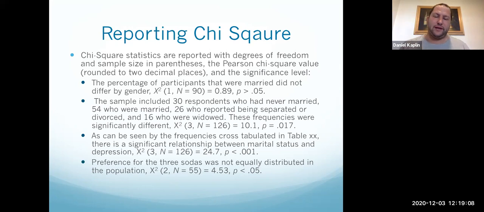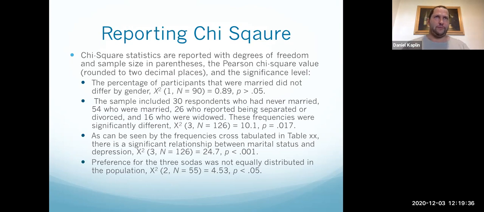In order to get the degrees of freedom for 2 factors, you multiply the degrees of freedom of one variable by the degrees of freedom of the second. So if there are 4 conditions, the degrees of freedom for marital status or relational status is 3, because 4 minus 1 is 3. And then depression, for it to be categorical, is did they have depression or not? Yes or no?